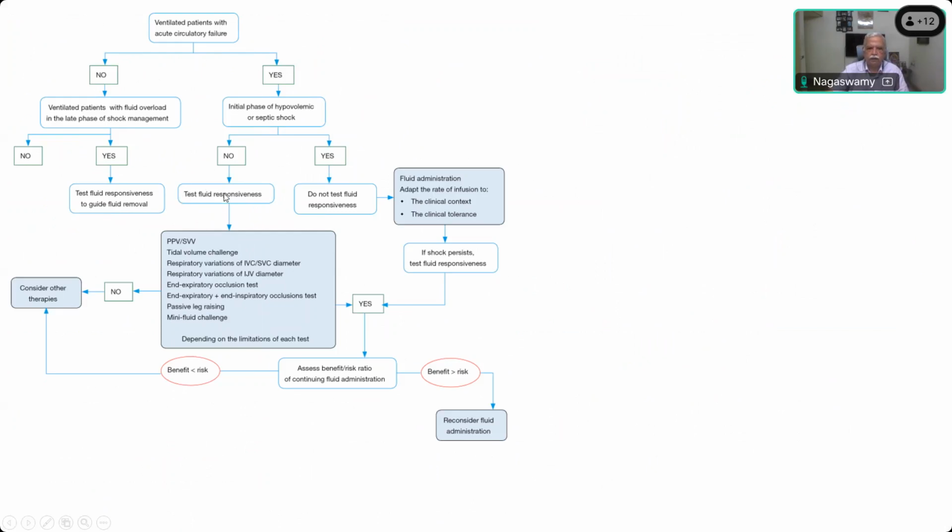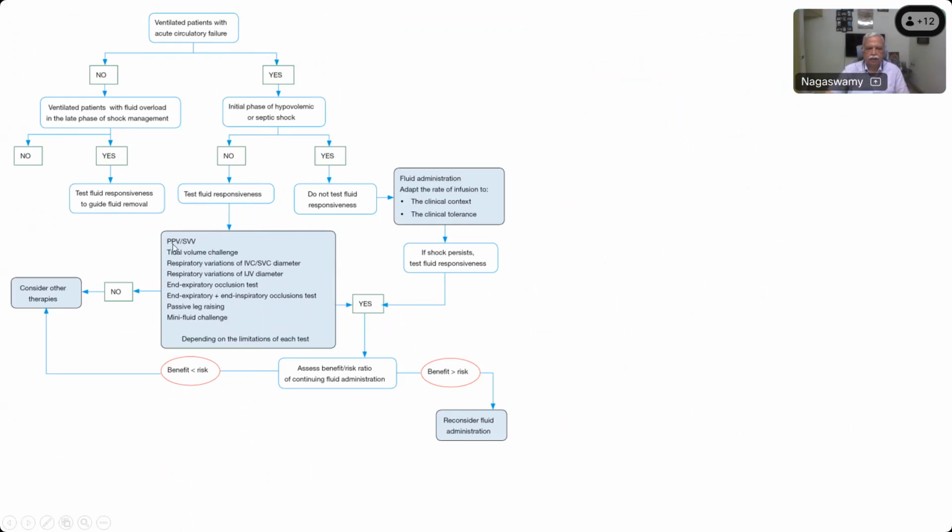If he has hemodynamic instability like low BP and tachycardia, which is a sign of compensation naturally occurring in the patient, then you go for these sorts of tests, which are dynamic tests, not the static tests.